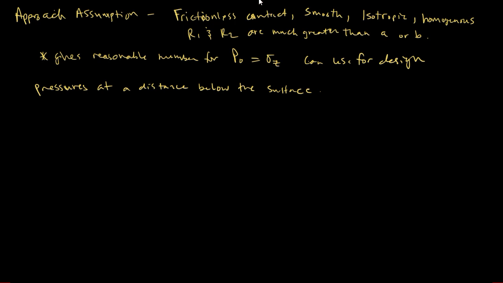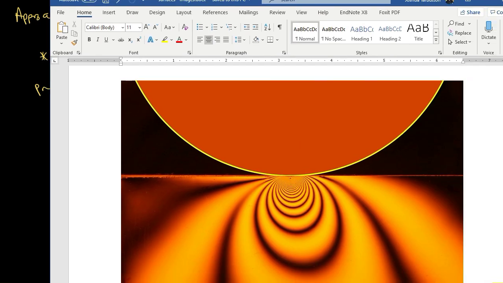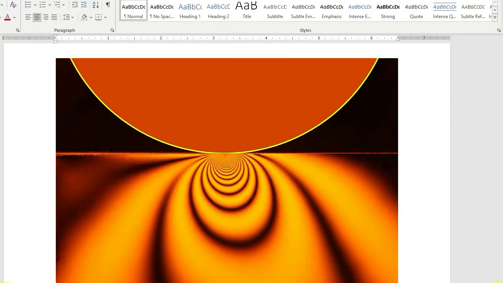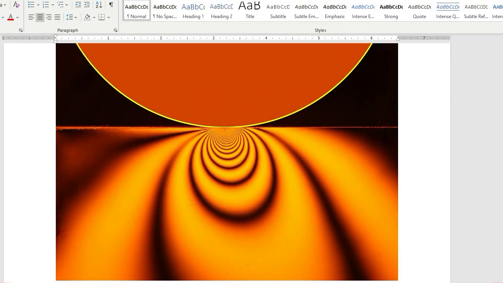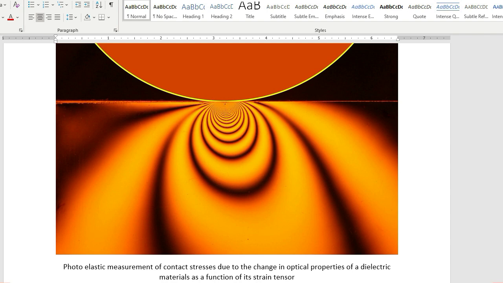Now, also, I want to show you a picture of the contact stresses. Okay, so this is photoelastic measurement of contact stress. This is due to the change in optical properties of a dielectric material as a function of its strain tensor, but it shows how the stresses develop at a depth in a surface.